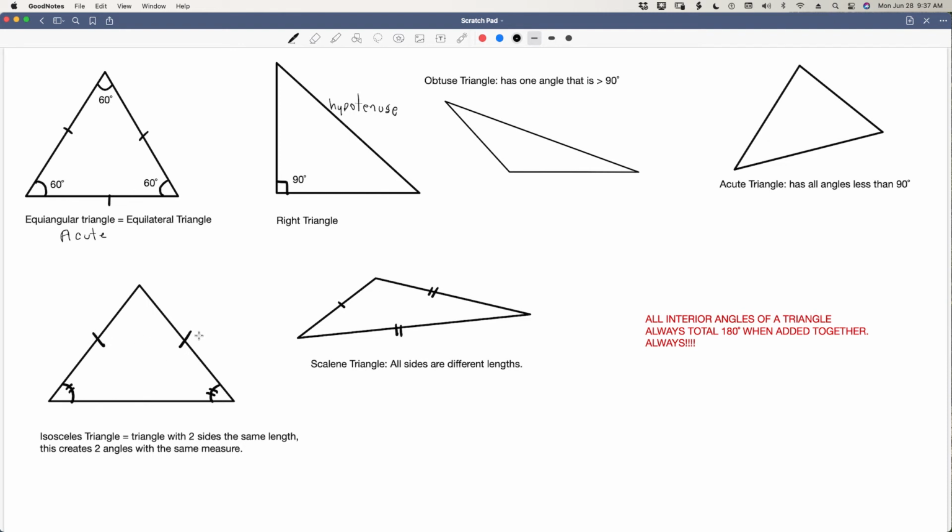And when you have 2 sides of the same length, you also create 2 angles that have the same degree of measure. That is just the nature of having those two legs the same. Now, the angle created by the two legs that have the same length is going to be your different one. It's going to be the one you have to figure out.